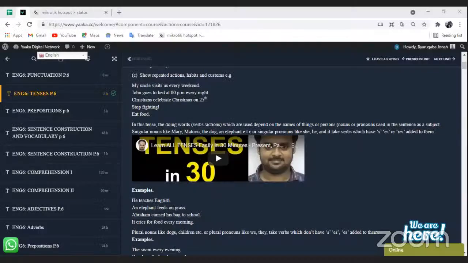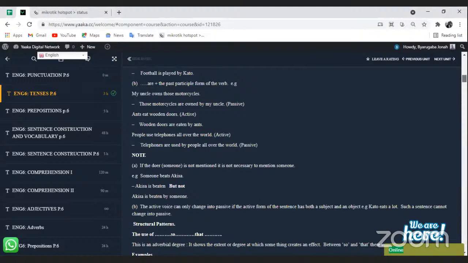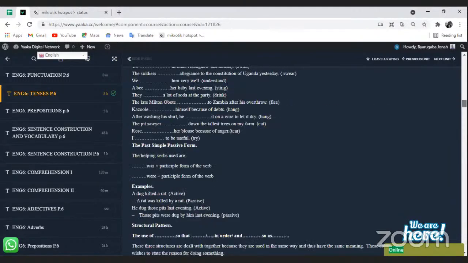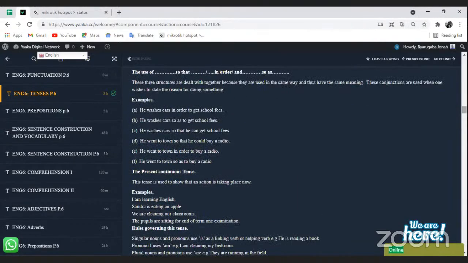Okay? As we wait for Lynette to get back to the group, here is the work. I think we are done as far as the present continuous tense is concerned. We had gone as far as the present continuous.